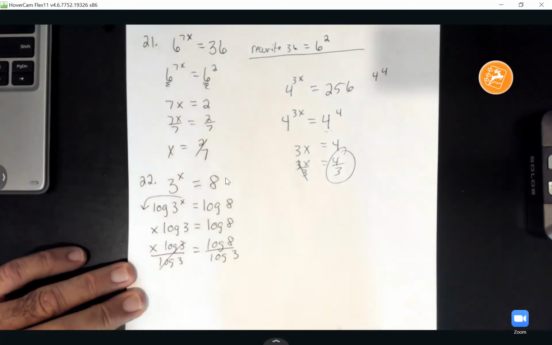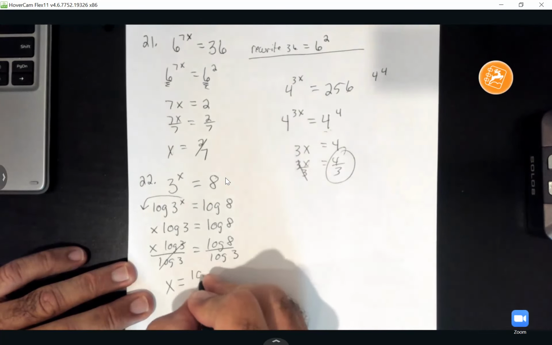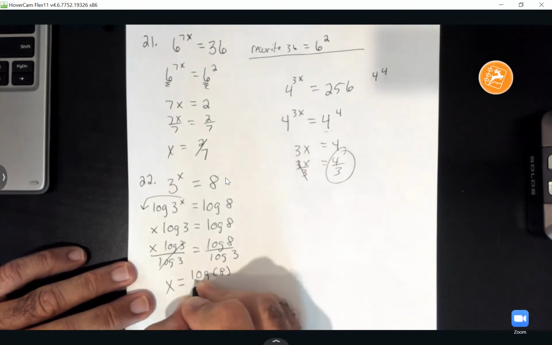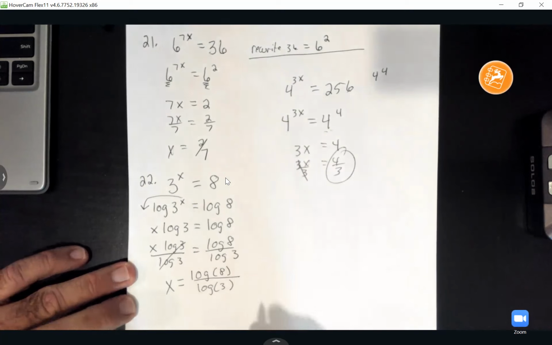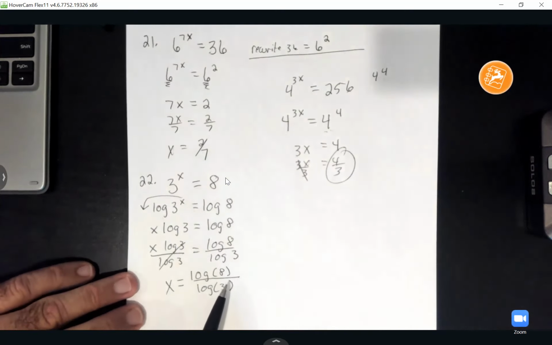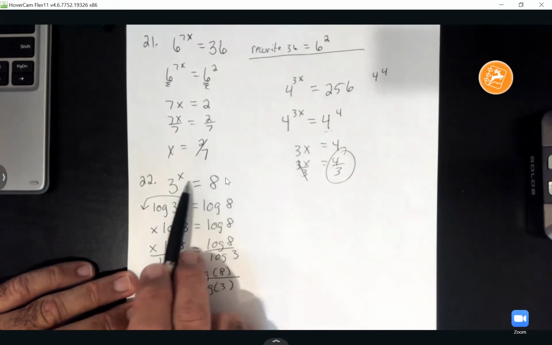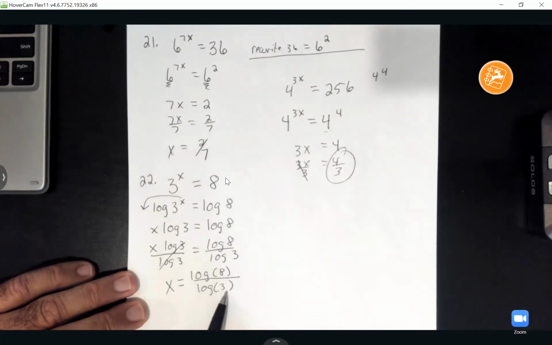Notice this side cancels, and I'm left with my x. When I punch this in, I put my 8 in closed parentheses, and then log 3 on the bottom. Notice it's always the log of this side divided by the log of this base. Every one of ours will be similar.